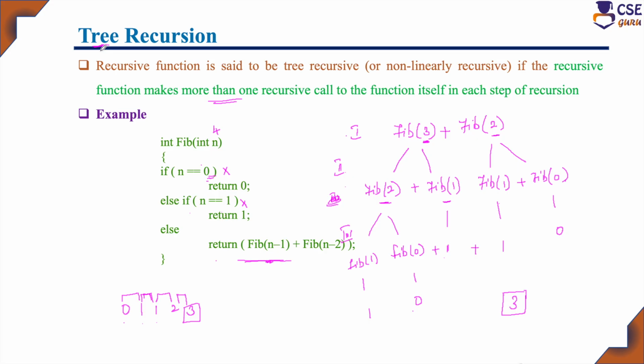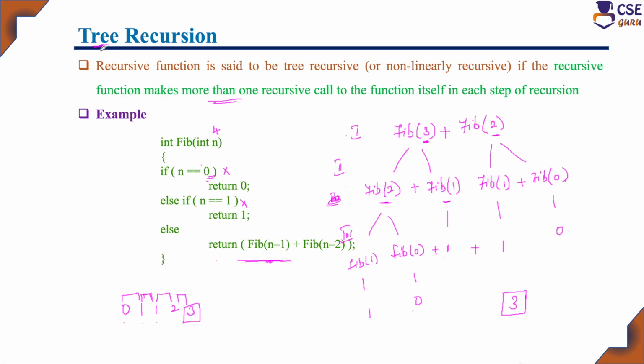So now, are you able to understand the difference between all the recursions? If it is direct recursion, the function calls itself directly. Indirect recursion, the function makes a recursive call through another function. Tail recursion means there is no pending operation when the recursive call returns.